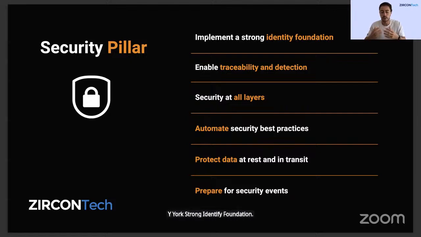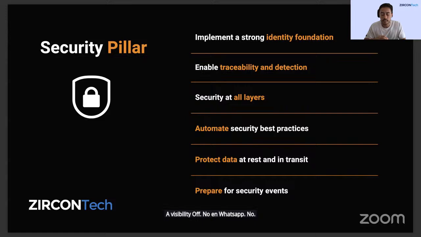So you have all your identities in one place to easily manage and reduce that security risk. Then traceability is about monitoring and logging that you need to set up at all layers of your application. So having that visibility of knowing what's going on with your application.